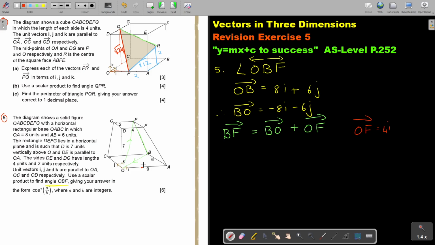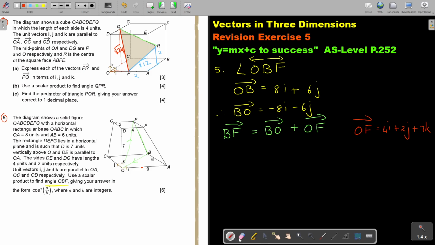And now to the back, because that back is just 2. So plus 2J, but then I must go up. So it's 4, 2, and then I go up. And how many is it up? 7K. So that is very important that you first find OF.